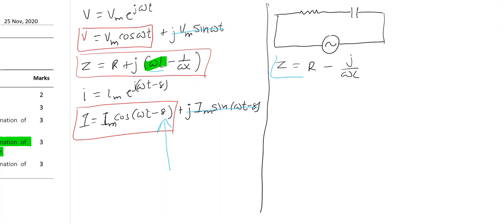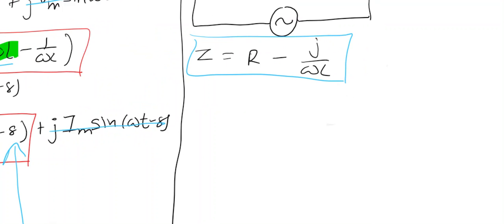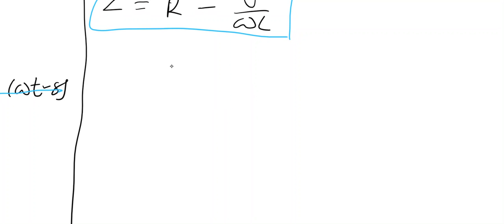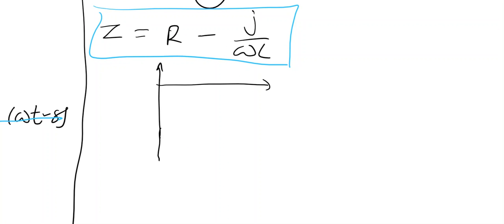So, how do I find delta? I'll have to represent this Z on the complex plane. Here is the complex plane. My second term is negative, so I'll have to consider it here, 1 by omega C, negative, and let me consider this much as the real part, resistor.